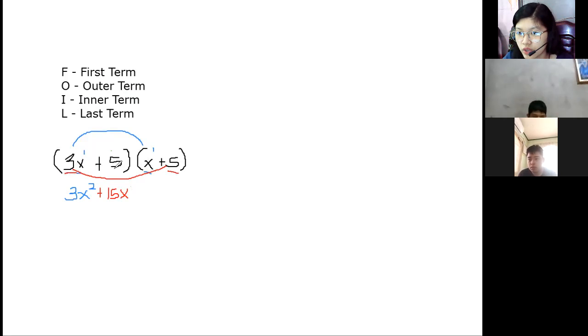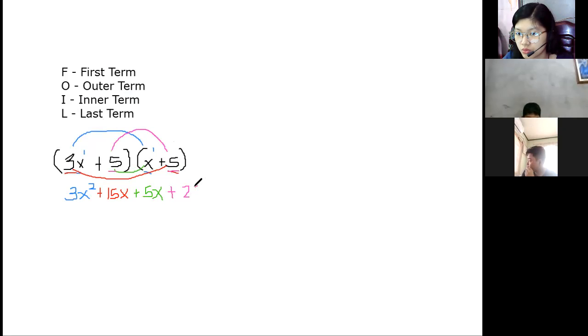Ito. So, we have 5 and x. So, kapag minultiply ang variable and constant, so pagsamahin mo lang sila, 5 times x, that is 5x. Next, we have itong last term. Yung 5 nasa last term. And another 5, we have 5 times 5, that is 25.